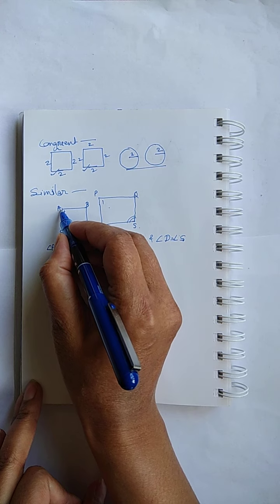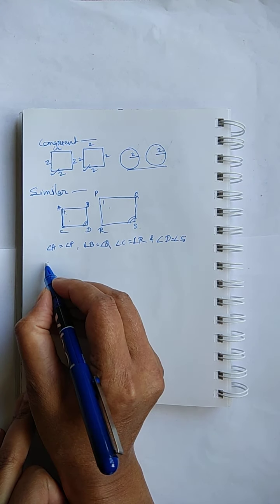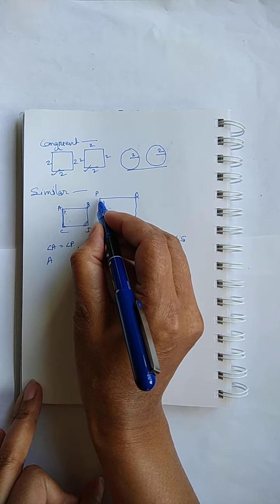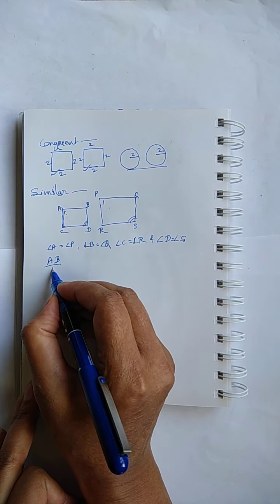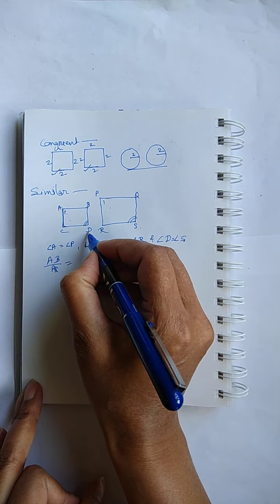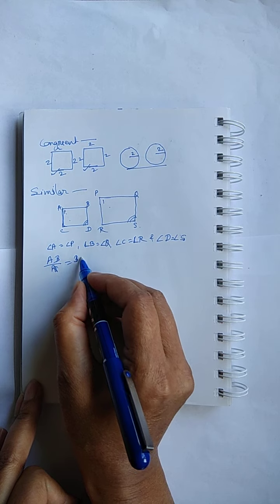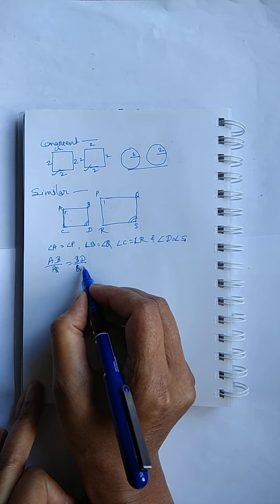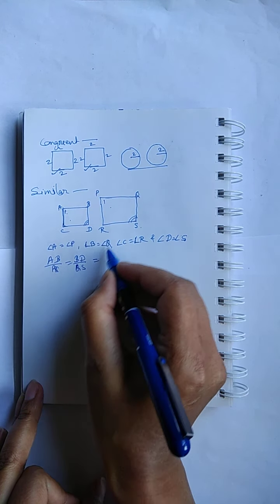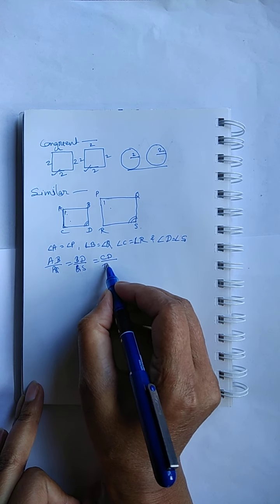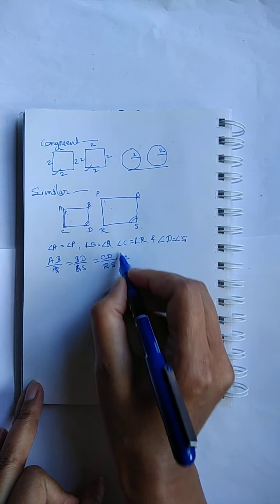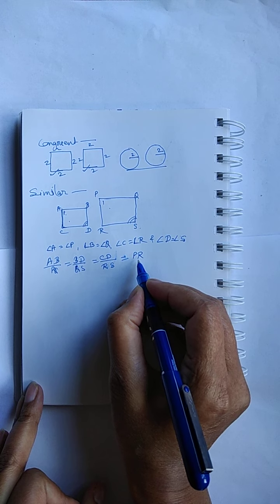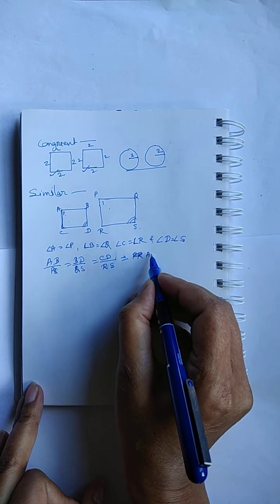as well as their corresponding sides being in the same ratio, meaning AB by PQ equals BD by QS equals CD by RS equals AC by PR.